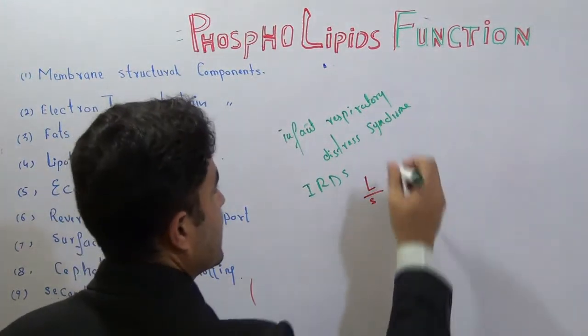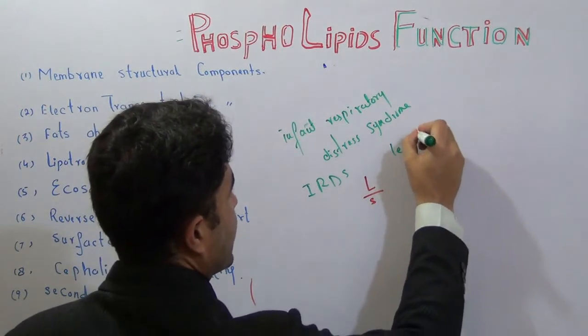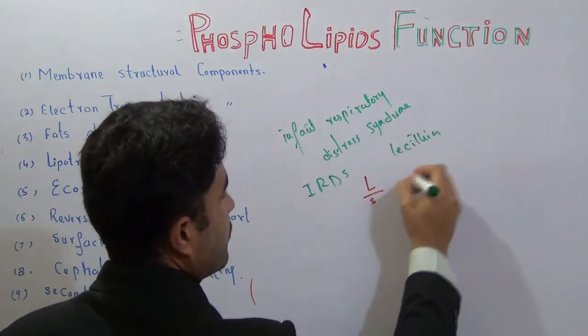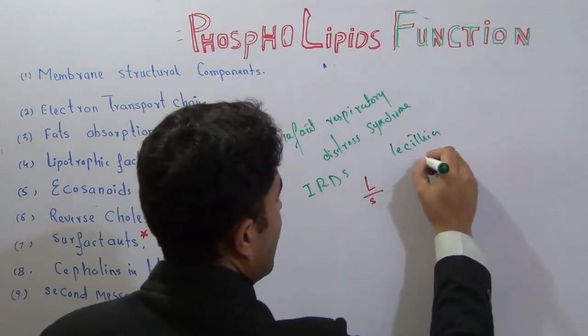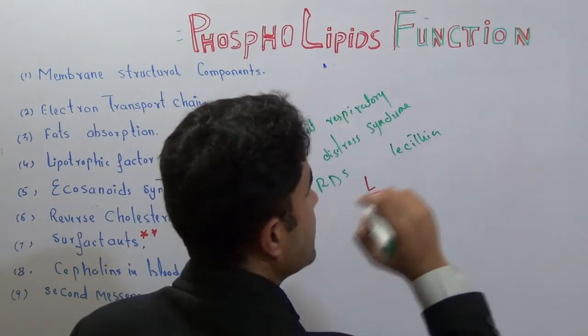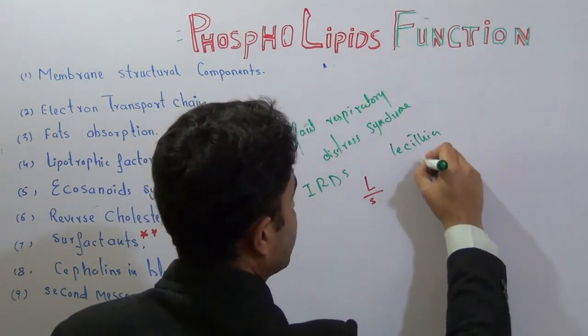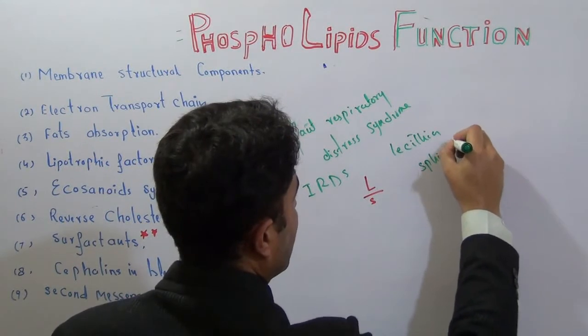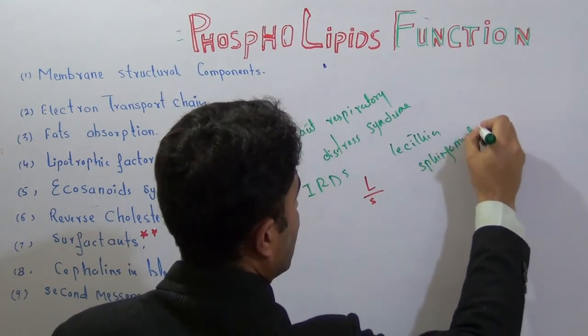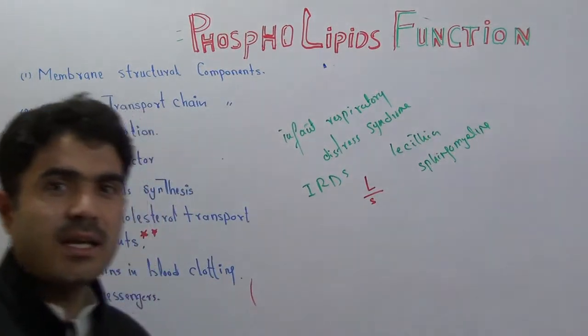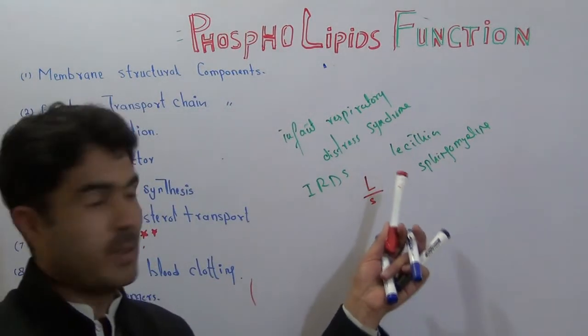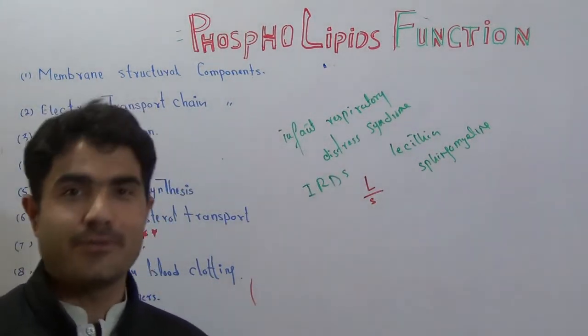L stands for lecithin, and S stands for sphingomyelin. Lecithin is a phospholipid and sphingomyelin is also a phospholipid.